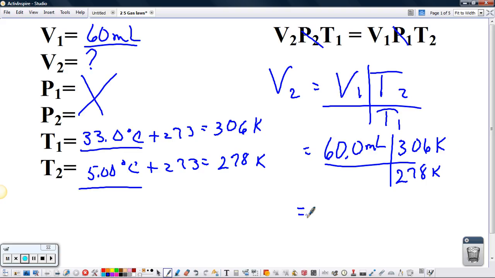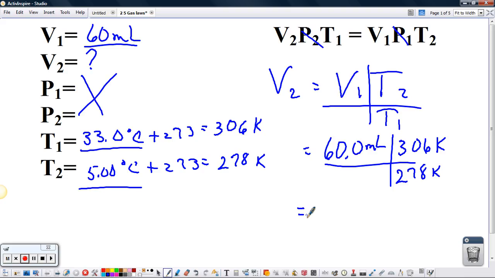And our answer then is going to be slightly larger than 60. Probably going to be around 70, just as an estimation. Now, estimation is a good thing on these problems because it's so easy to put numbers in wrong.